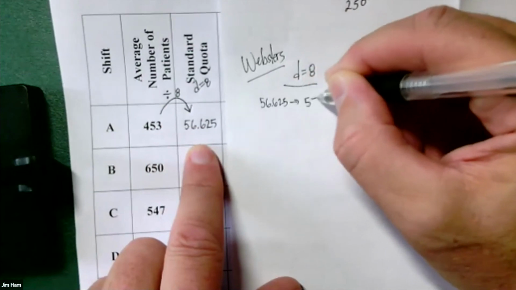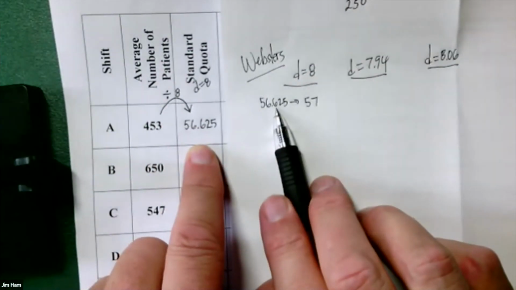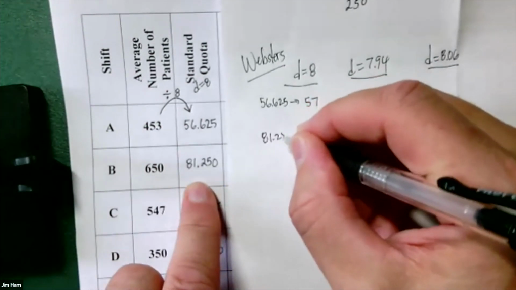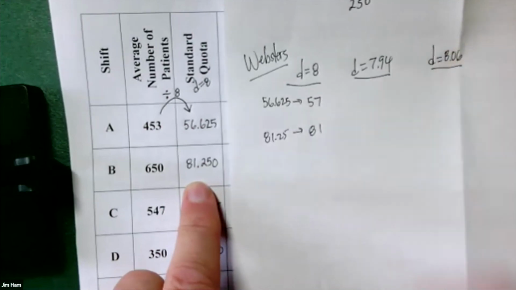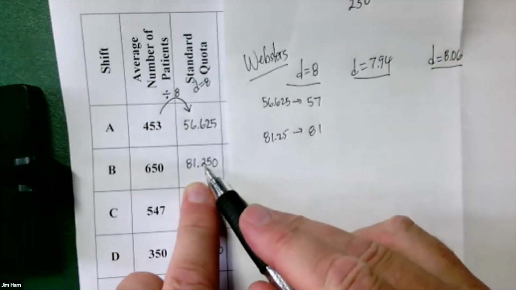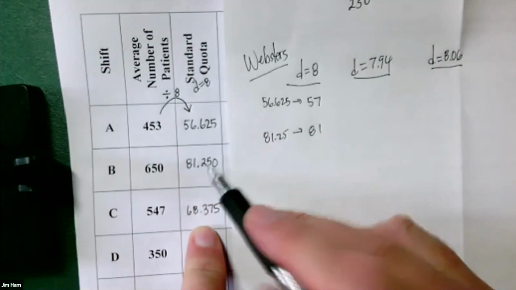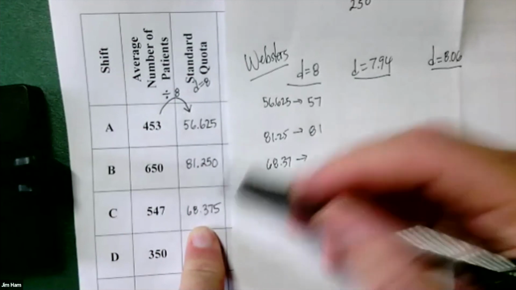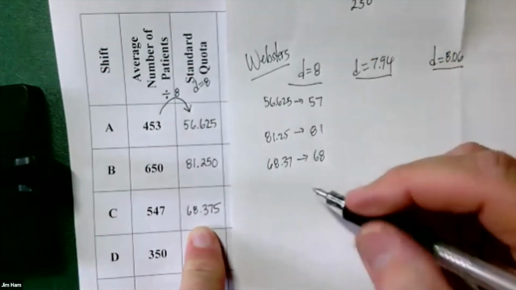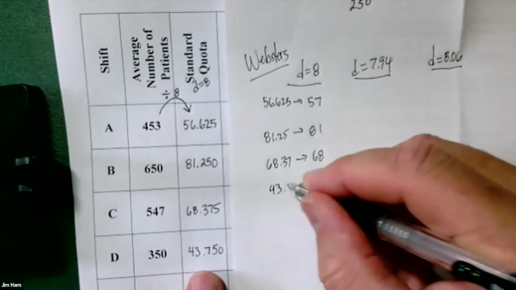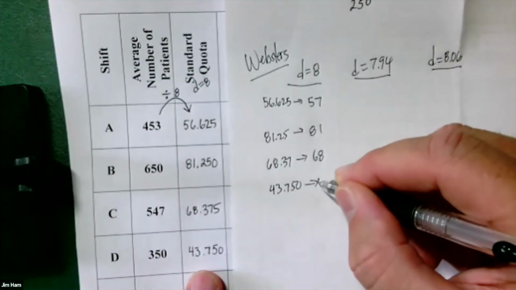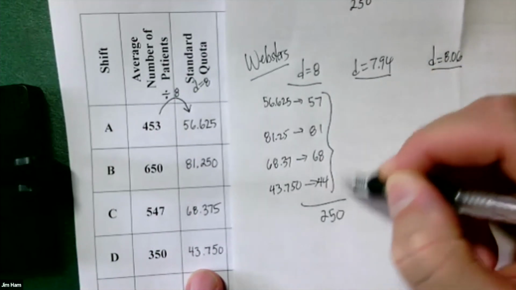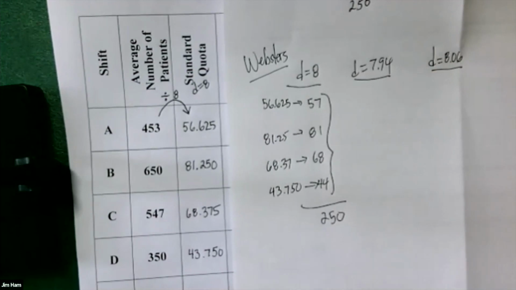And if we round it mathematically, since that number right there is 5 or higher, we round up. 81.250 does not get rounded up. It's rounded down because 2 is less than the 5. 68.375 rounds down to 68. And 43.750 rounds up to 44. And when you add those numbers together, you get 250.